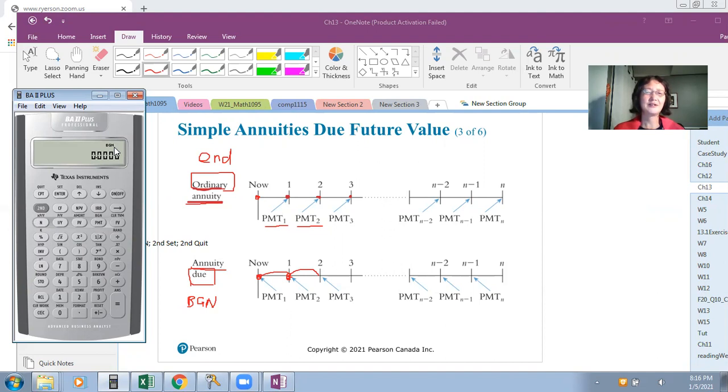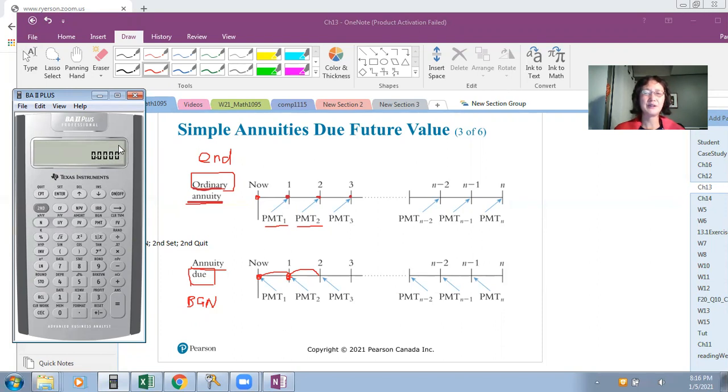So if the calculation is about annuity due, you want to make sure your calculator is set up for BGN mode. The BGN mode and END mode is like toggle on and off. If you repeat yourself, second, begin, second, set, second, quit, you are at end mode.